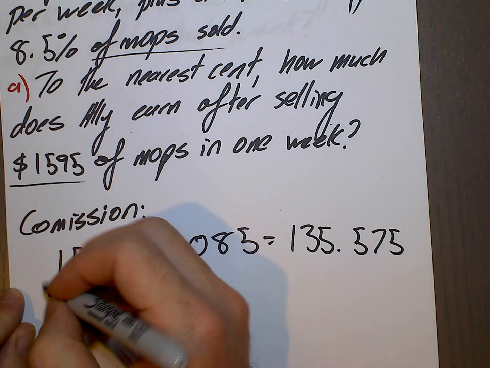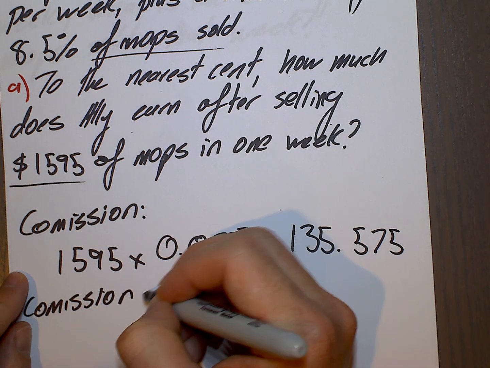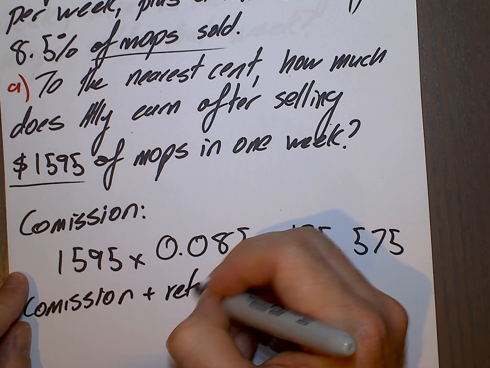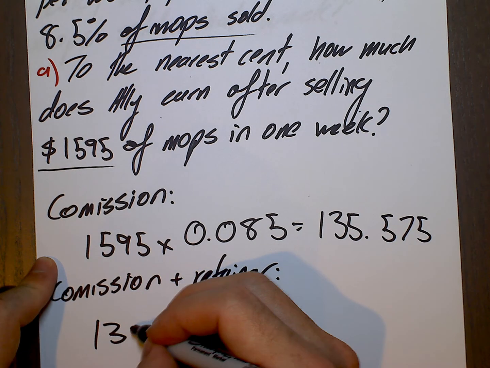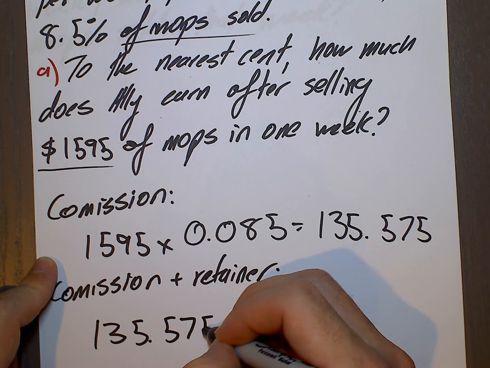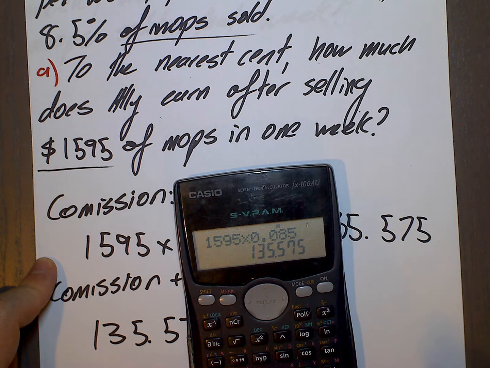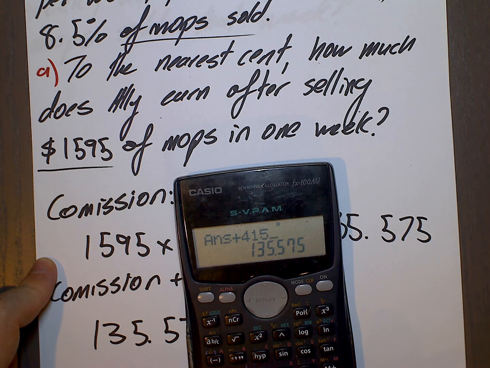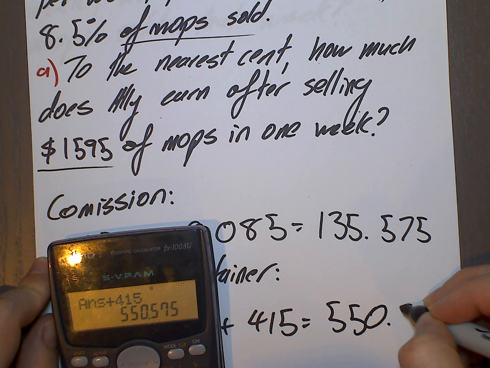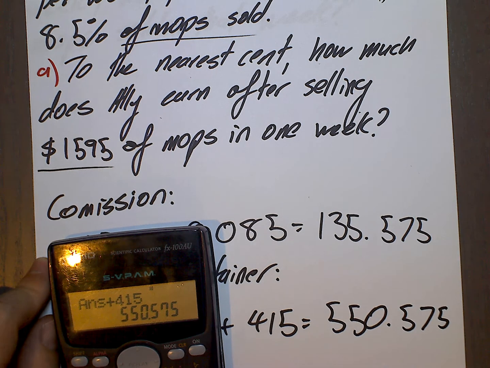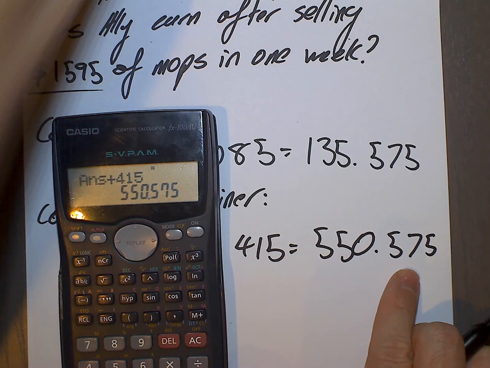Now, let's do our commission plus our retainer. So that is going to be the amount we just had, plus our 415. So let's leave that in amount, 415, leave that in, bang. We end up with 550.575. Okay. So we end up with $550.575.